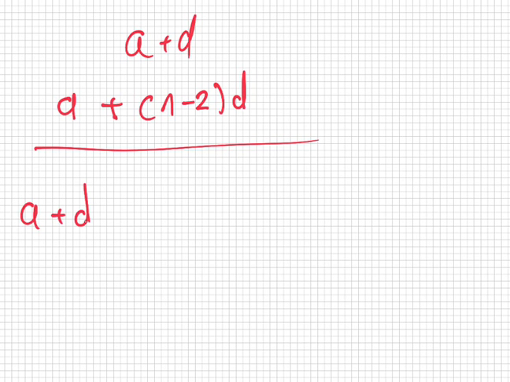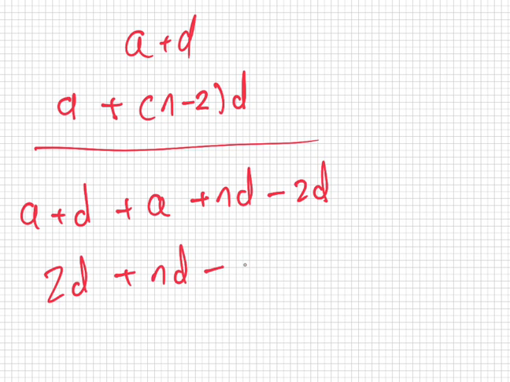A plus d plus a plus nd minus 2d. That is 2a plus nd minus d, which is 2a plus n minus 1d.